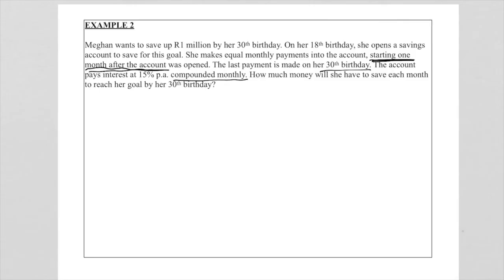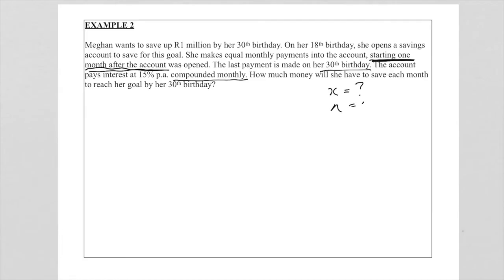So it's important that you realize that what they ask us is to find X in our future value annuity formula. How much money will she have to save each month? Now, secondly, she opened the account on her 18th birthday, and she wanted to take it up to her 30th birthday, which you hopefully agree equals 12 years.